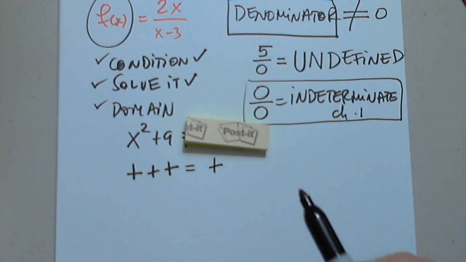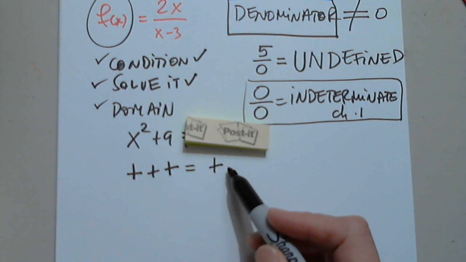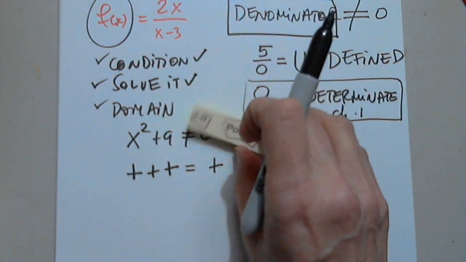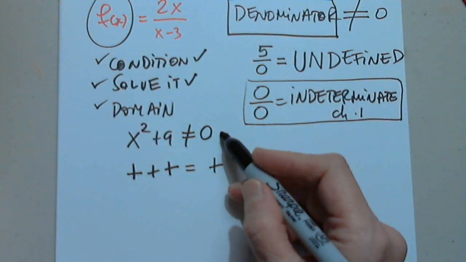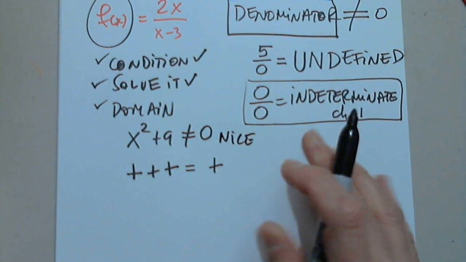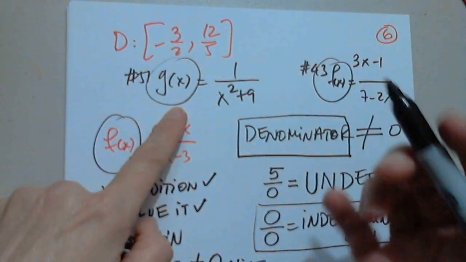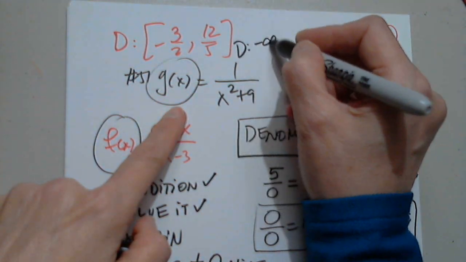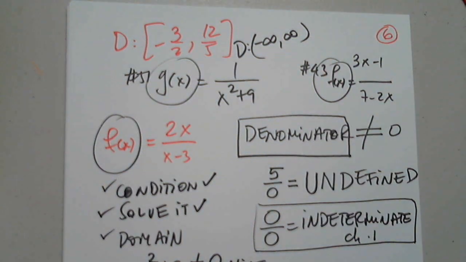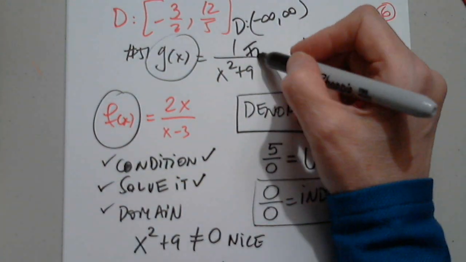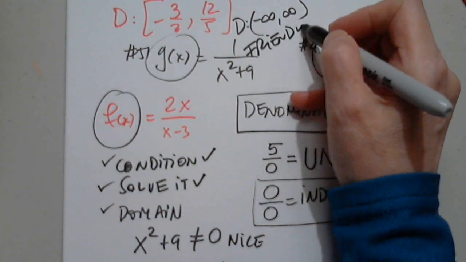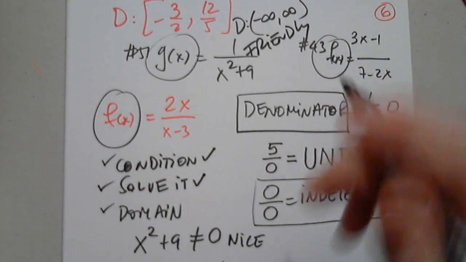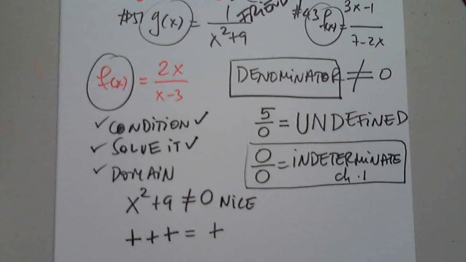Positive. Always. Can this be 0? No. So then, this is nice. This function has domain all real numbers. No problem. Friendly. Good. Moving on to the next one.